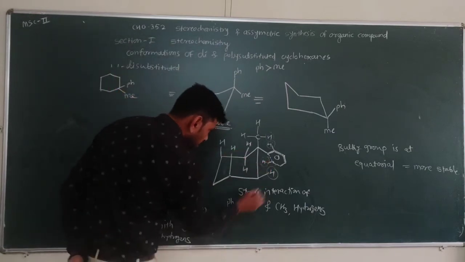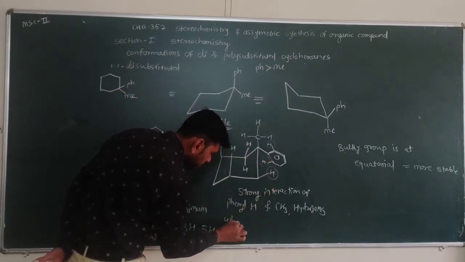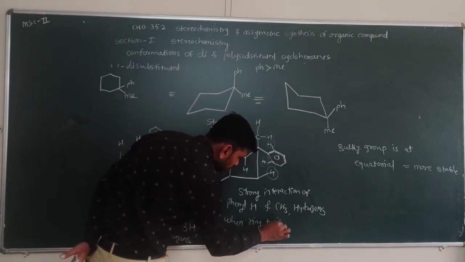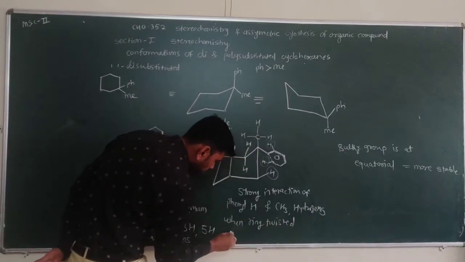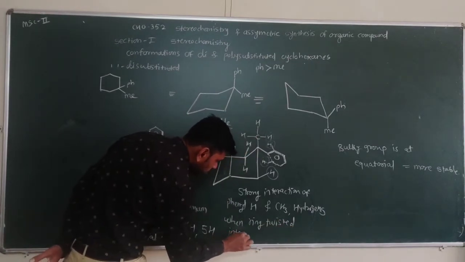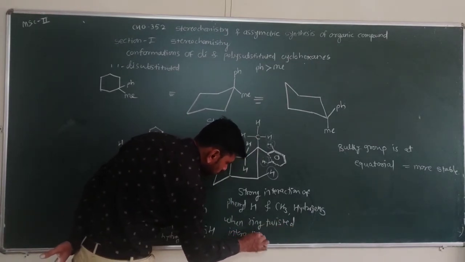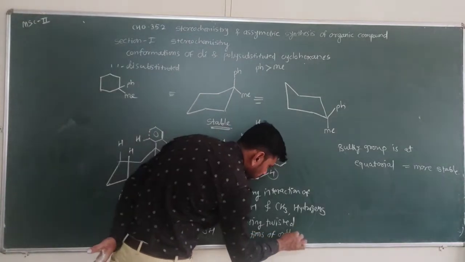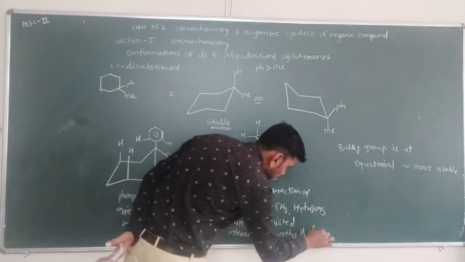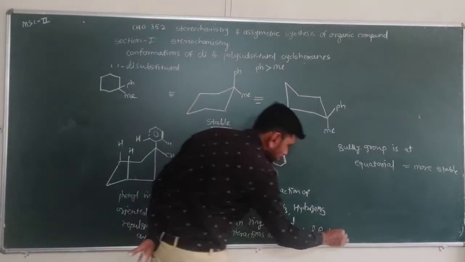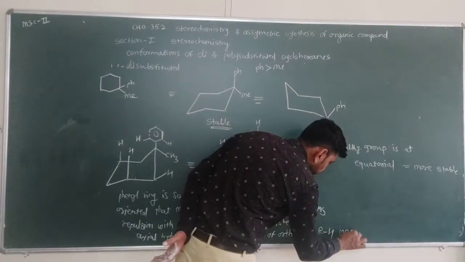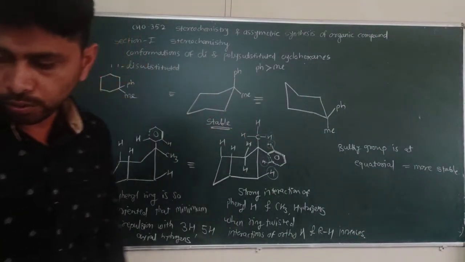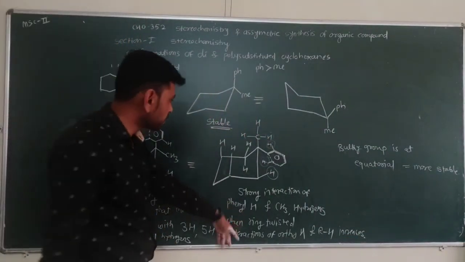So when we twist the ring, the interaction of the ortho hydrogen and the equatorial hydrogen increases.